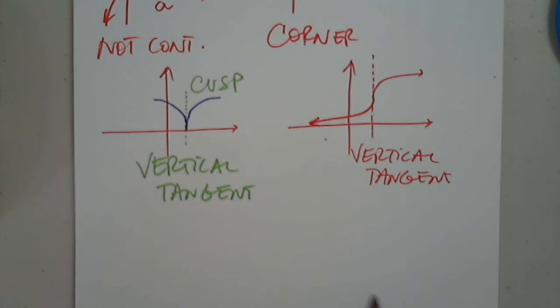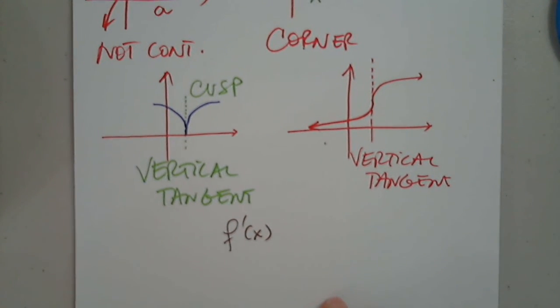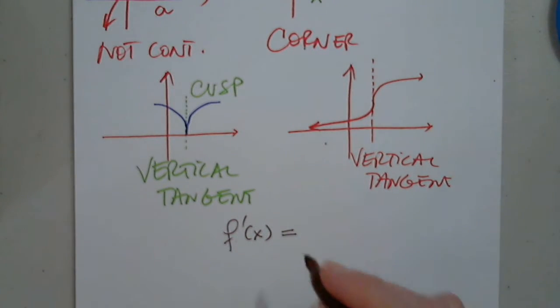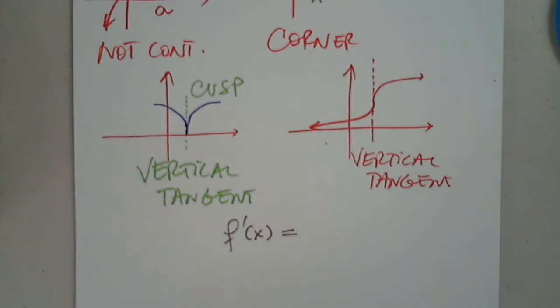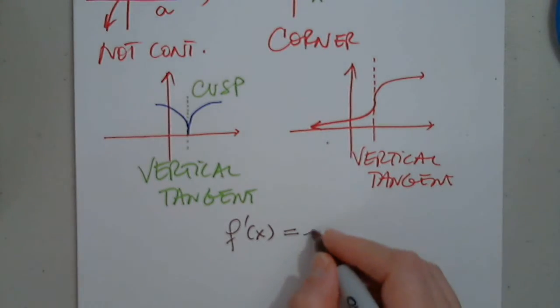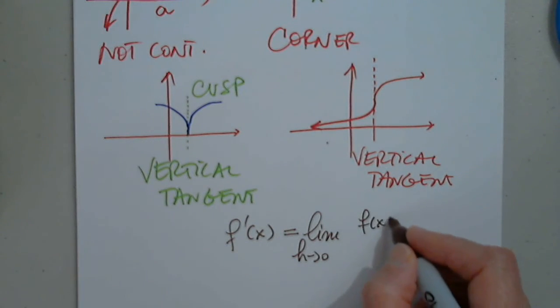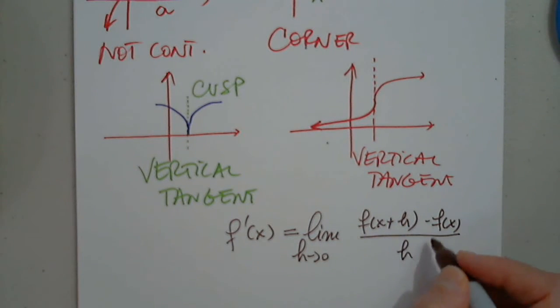Good. So let's talk about this f prime. What is it? Well, it's exactly what you would have expected, maybe, hopefully. These two together: limit as h approaches 0 of f of x plus h minus f of x, divided by h.